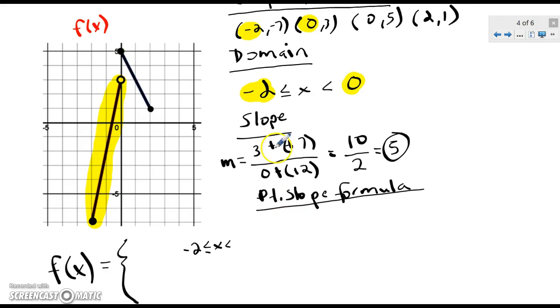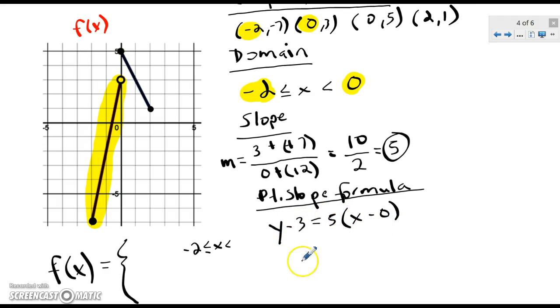So let's do that. And I'm going to use the point 0,3 just because I like to see that 0 in there. It might make things easier. So y minus, and that y value is 3. So y minus 3 equals our slope, plug our slope in there, 5 times the quantity of x minus, well, that's 0.